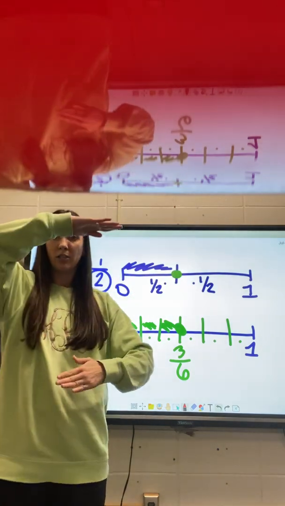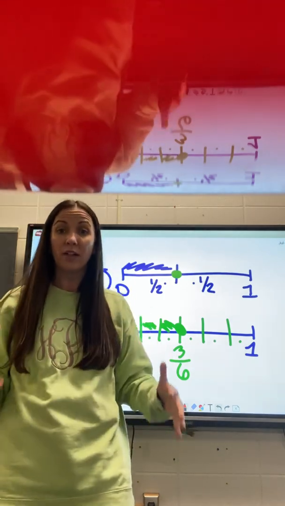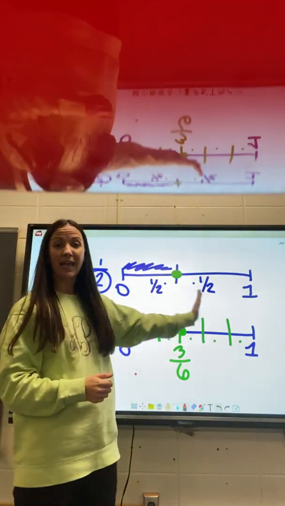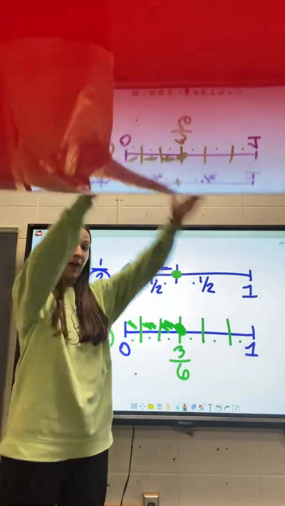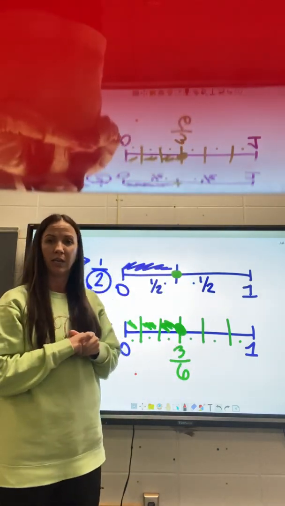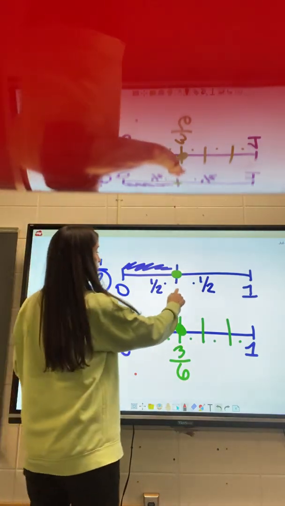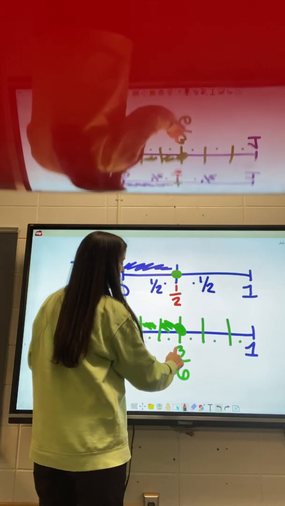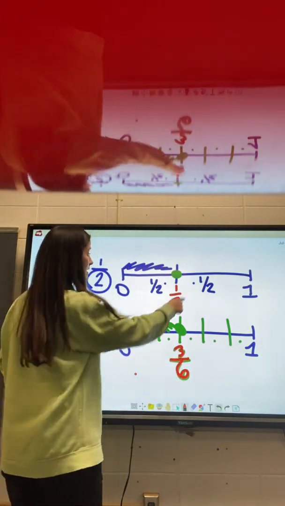All right, guys, now the new part of today's lesson is when you have 2 fraction number lines, one's on top and one's on bottom, you're trying to identify equivalent fractions. Do you see any dots from the top number line and the bottom ones that are in line with each other? Give you a couple seconds to look. I do. Look, if this was 1/2 and this one's 3/6, remember what Miss Precise says?